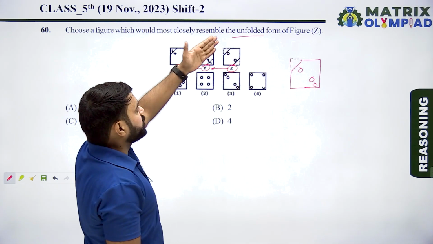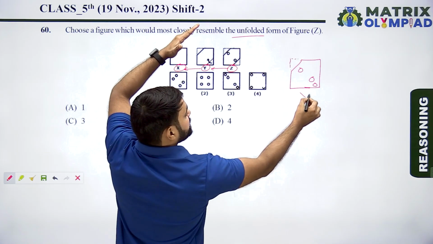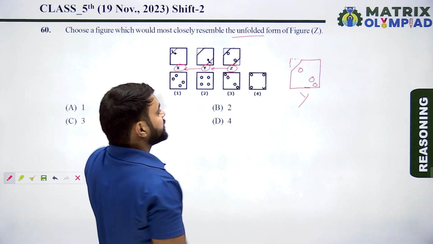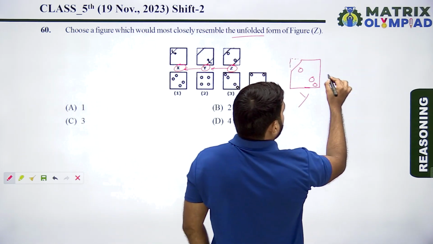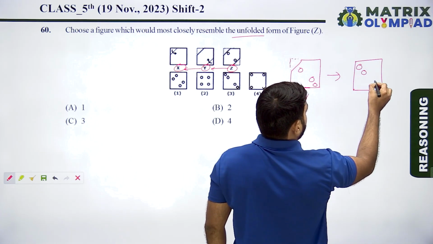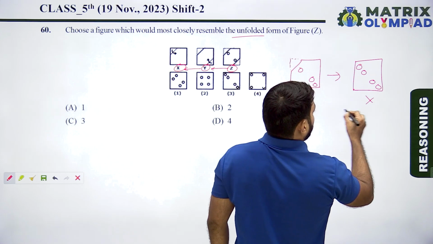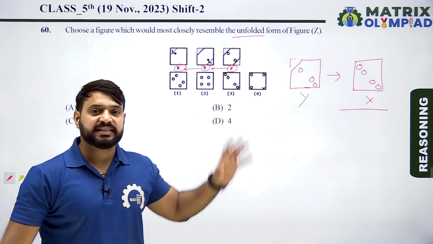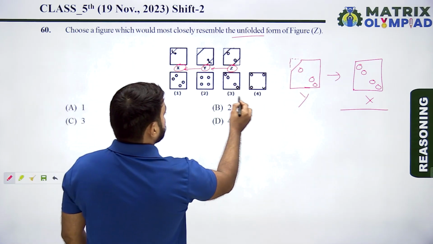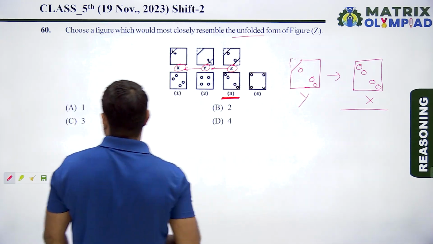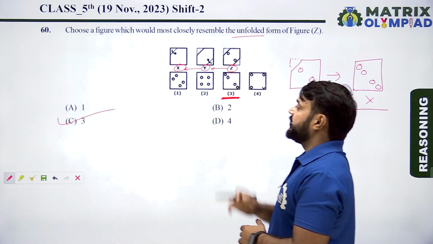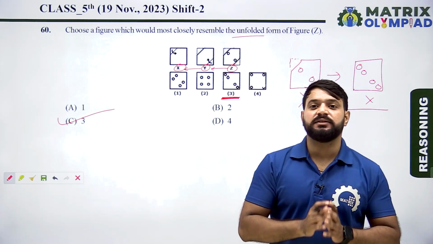Okay, now unfold it, it represents Y. Now unfold the Y, it represents X. So when we unfold the Y, it looks like as follows, and it represents X, and X represents the unfolded paper. So here option 3, figure number 3, is the correct unfolded figure of figure Z. So here the right answer is option C.